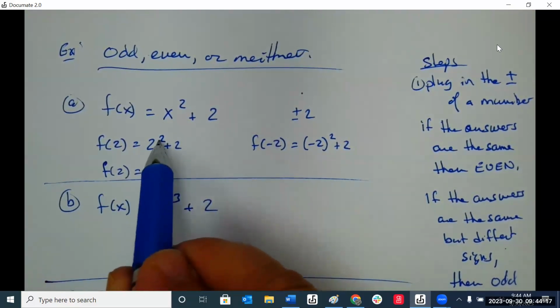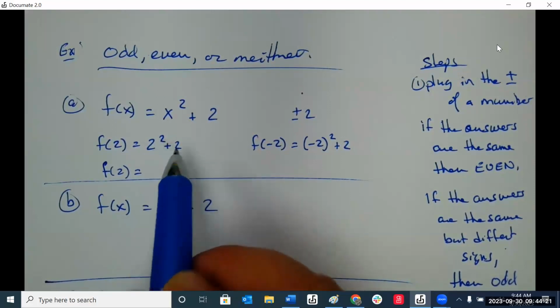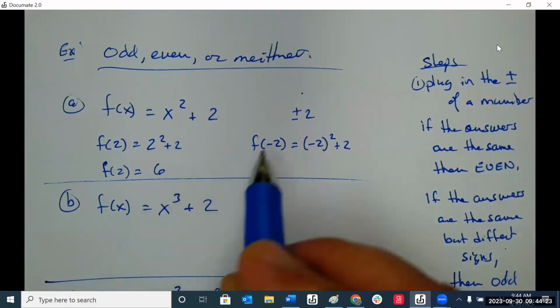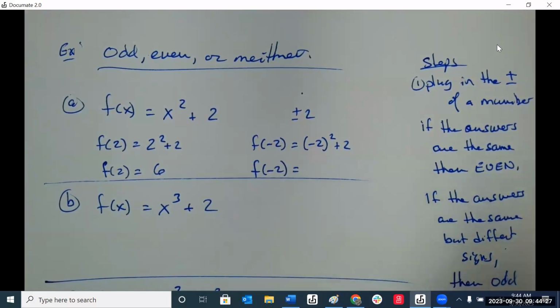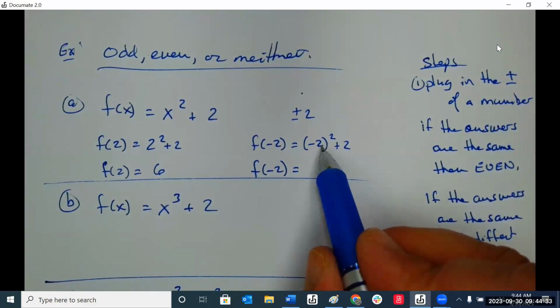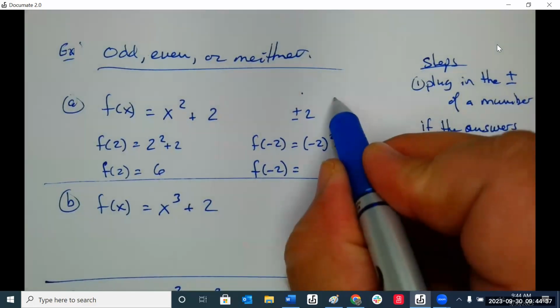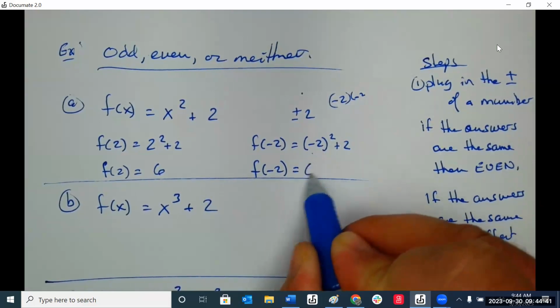So 2 squared is what? 4 plus 2? 6. Negative 2 squared. Yeah, negative 2 times negative 2 is positive 4 plus 2, 6.